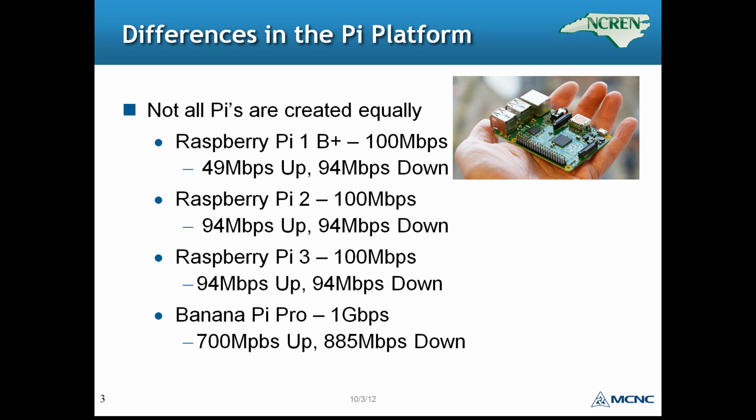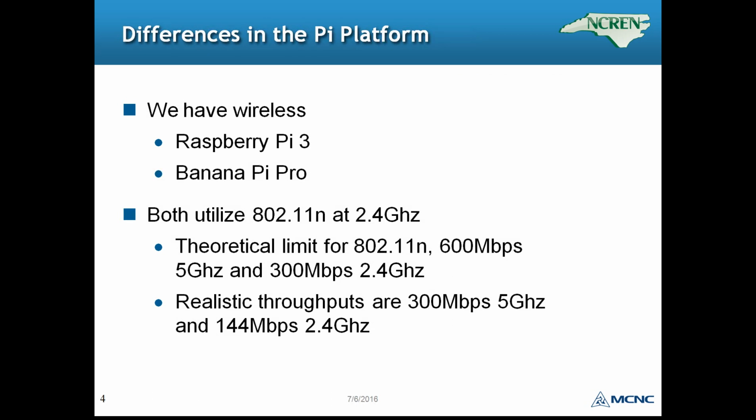Both of these platforms utilize 802.11n only in the 2.4 gigahertz range, right? It's good to mention because if you want to do 5 gig testing, you would have to use a 5 gig wireless dongle via the USB port. Once again, you still run into that same USB bus limitation of 480 megs.